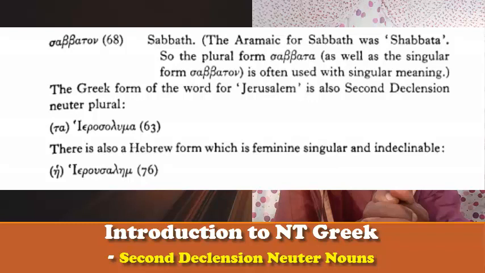The next word we have is sabbaton. Sabbaton is translated Sabbath. Then we have Jerusalem. Jerusalem, that's the word which means what? So there is also a Hebrew form which is feminine.